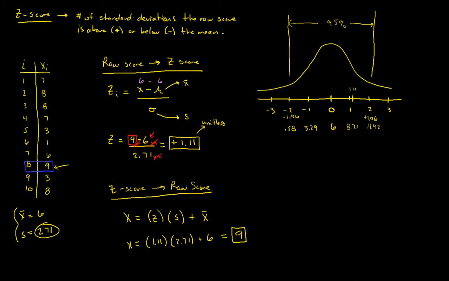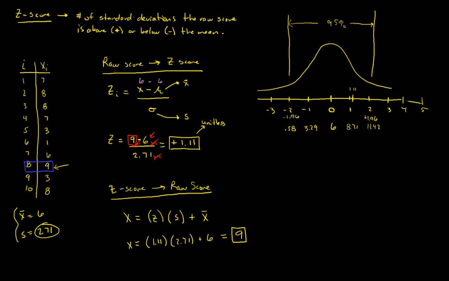If we took 20 minus 6, it'd be 14, and then 14 divided by 2.71 would give me a z-score of a little over 5. That would be, 4 would be out here, 5 would be way out here. Certainly that would be something very extreme. You would only see it less than 0.1% of the time.